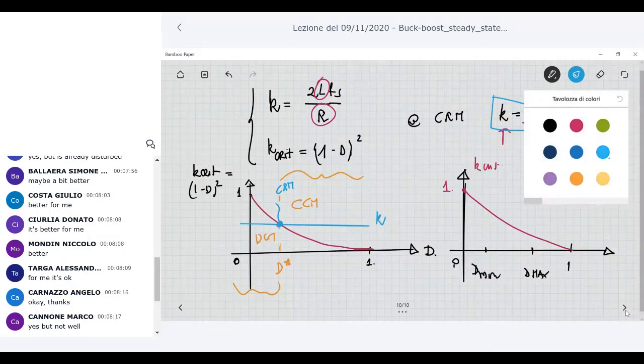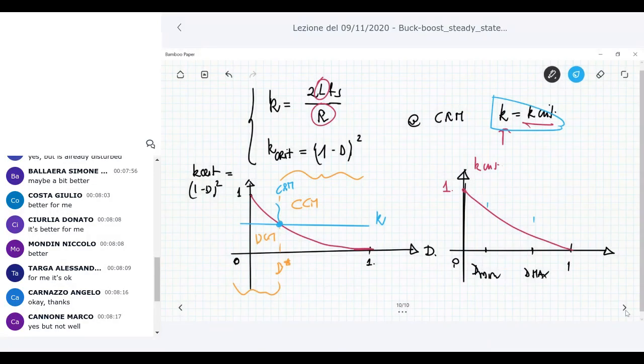Suppose that you want to operate your buck boost always in CCM. You have to be sure that, for example, your K is this one, to stay in CCM for the duty cycle interval between the minimum and the maximum.